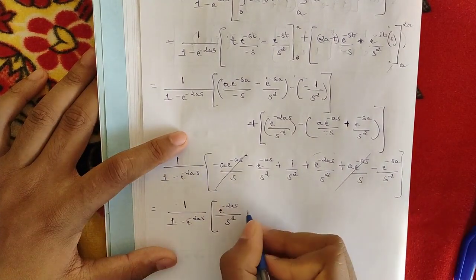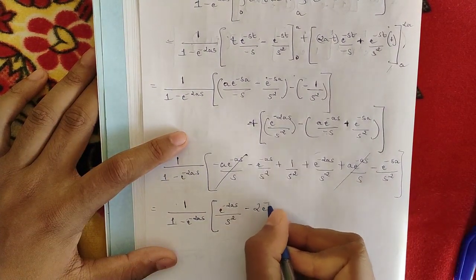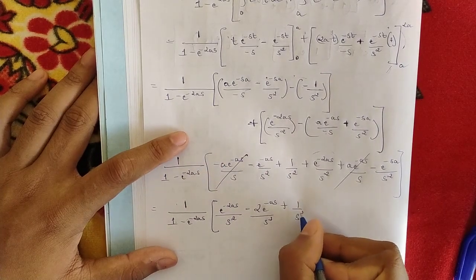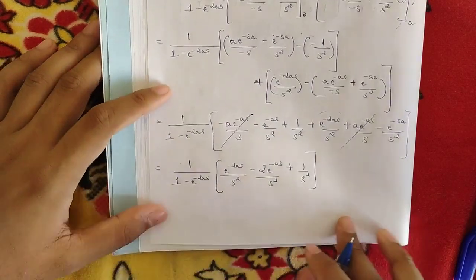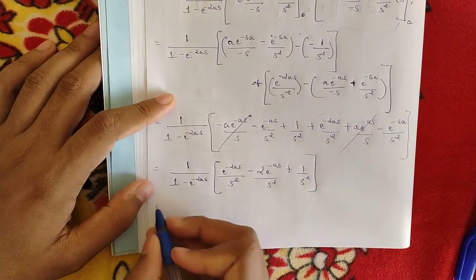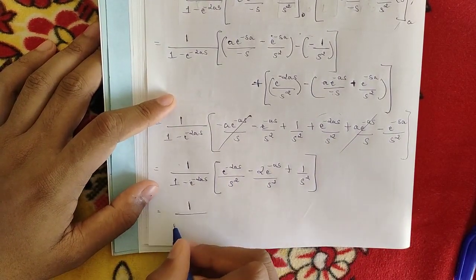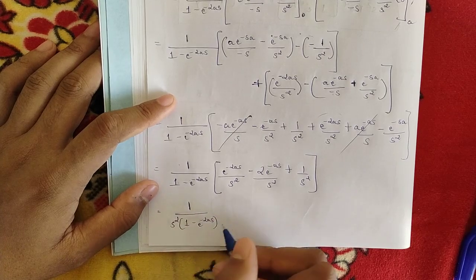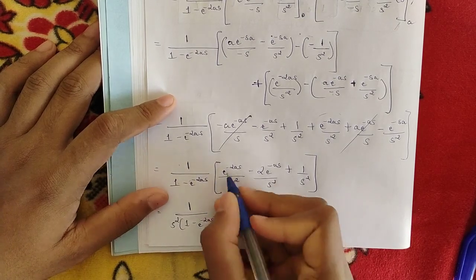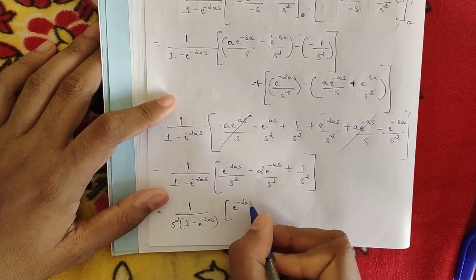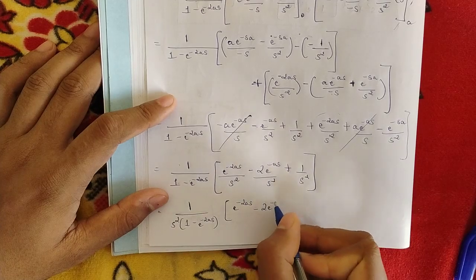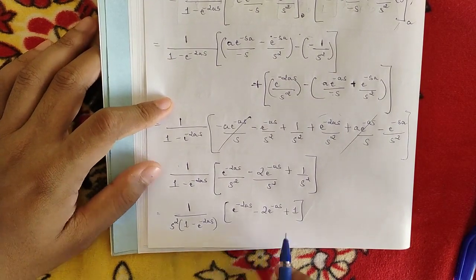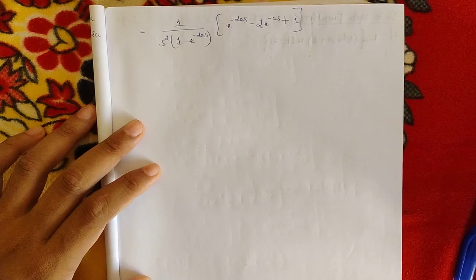So it is 2 times, so minus 2 times e to the power minus as by s square, plus 1 by s square. Here 1 by s square is common in this bracket, so take that outside. We are left with 1 by s square into e to the power minus 2as minus 2 e to the power minus as plus 1. So till here we have solved. Let us continue now.